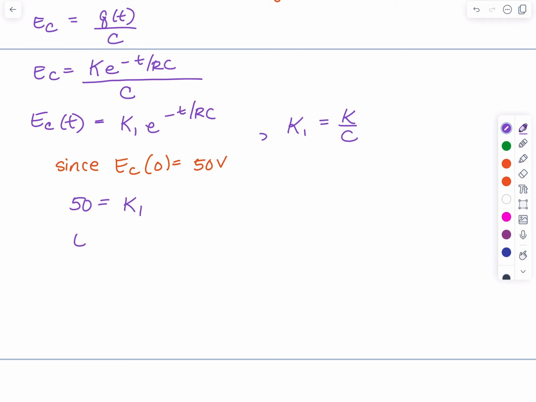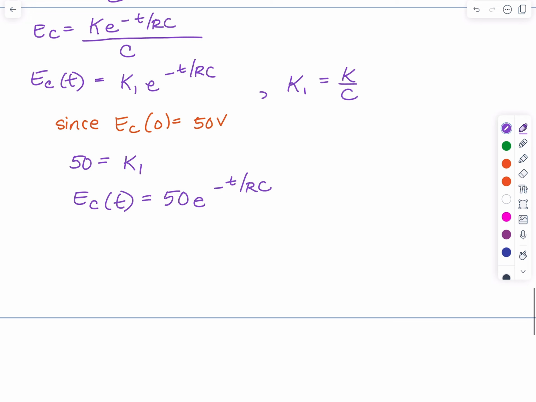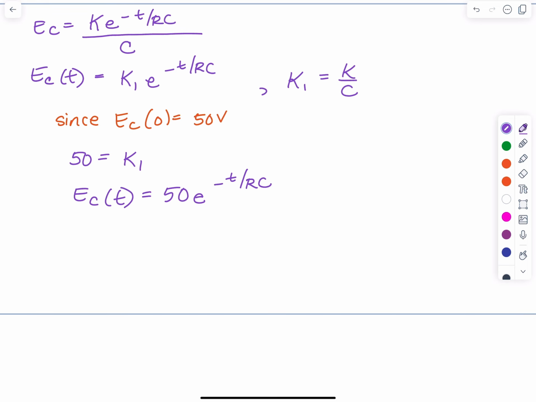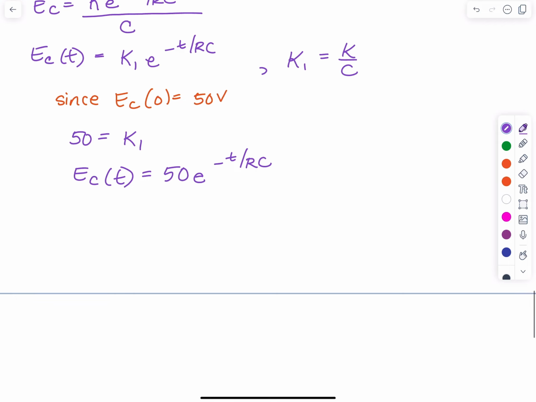And therefore, we have E sub C at any time t is equal to 50 e to the negative T over RC. So here we have an equation for our voltage drop across the capacitor at any time t.